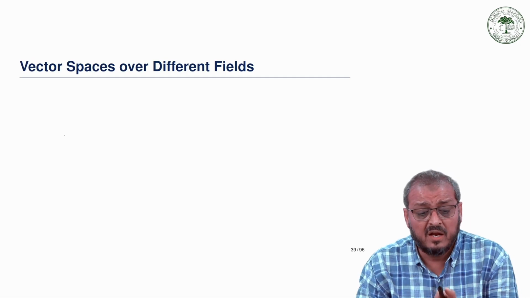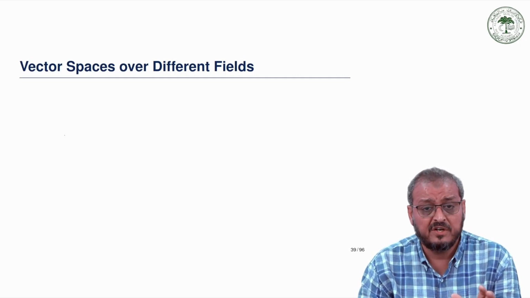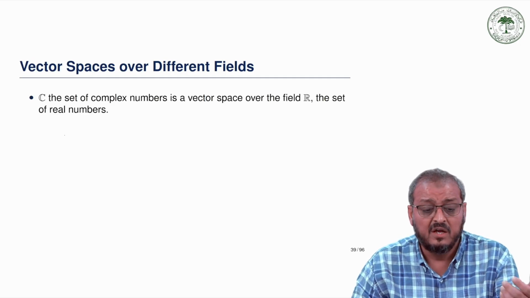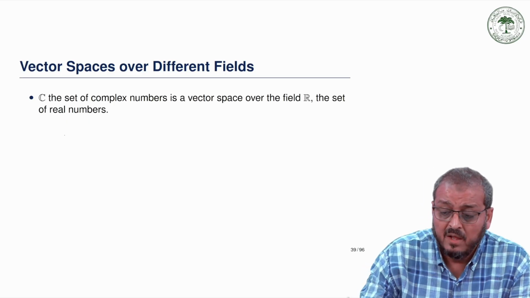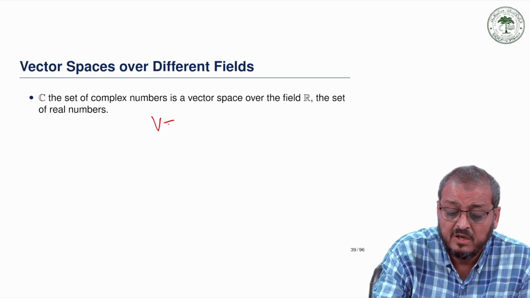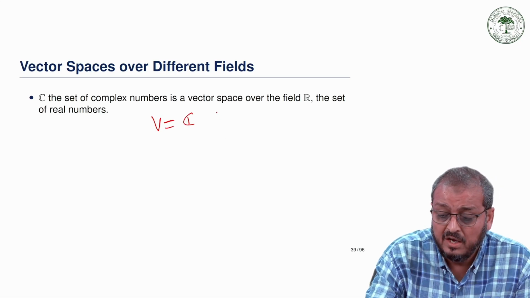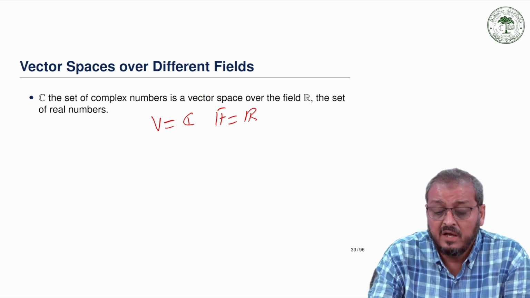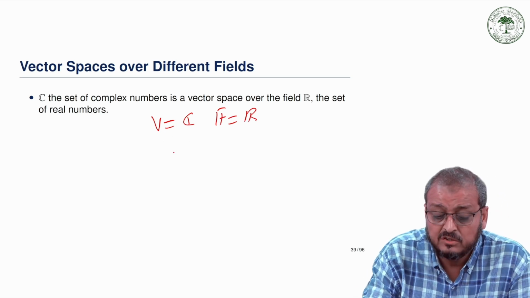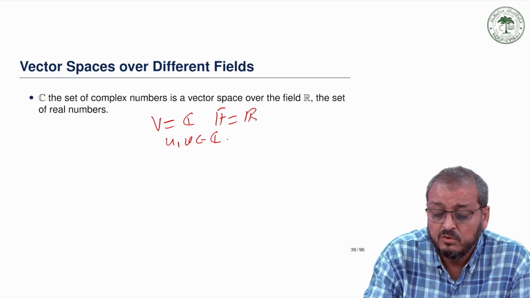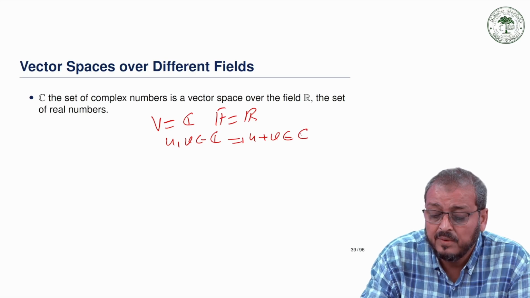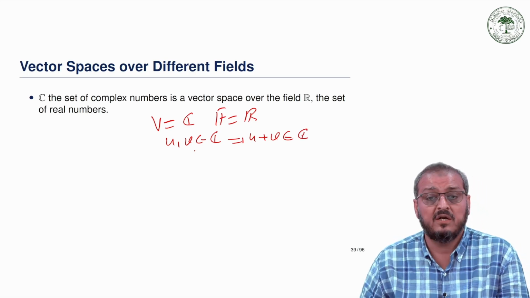Now let us try a vector space over a different type of field. Suppose we take V as the set of complex numbers and take the field as the real numbers. Take any two elements u and v of C. The sum of two complex numbers is again a complex number, so this is closed under addition.